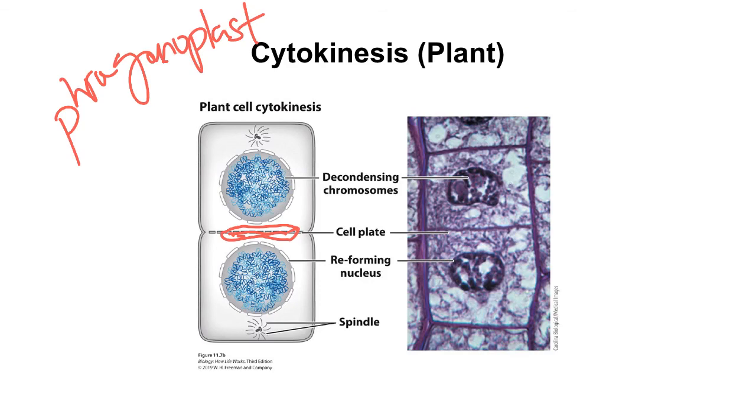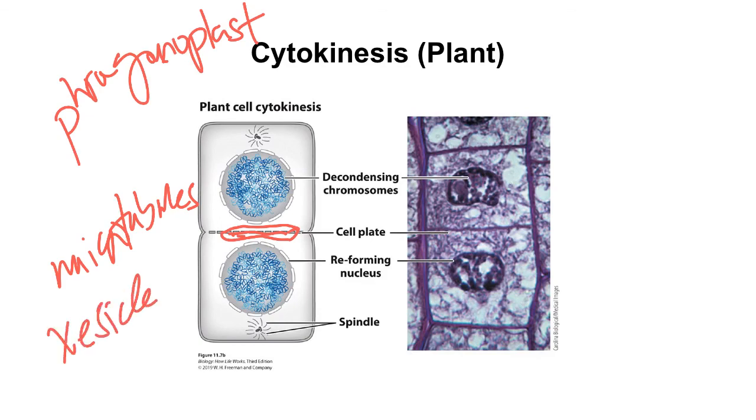The phragmoplast consists of overlapping microtubules. So instead of actin, we have microtubules that guide vesicles containing cell wall components to the middle of the cell. New cell wall materials are being built by microtubules delivering vesicles into that area.